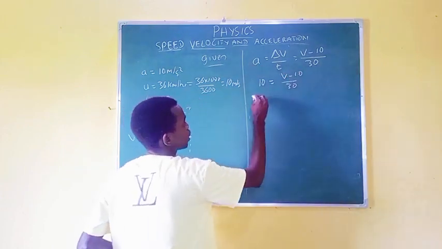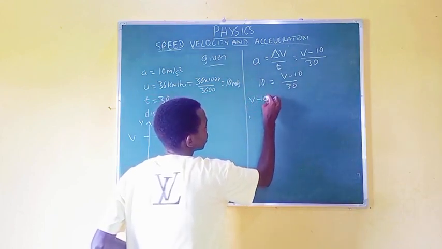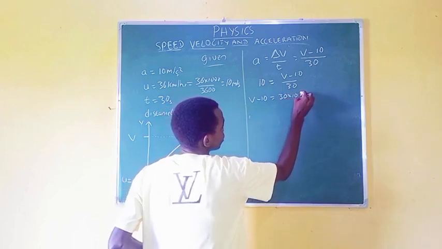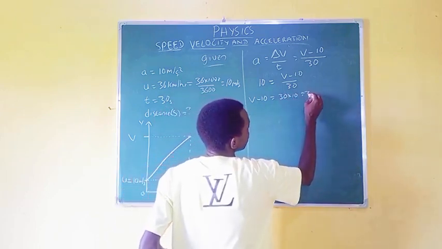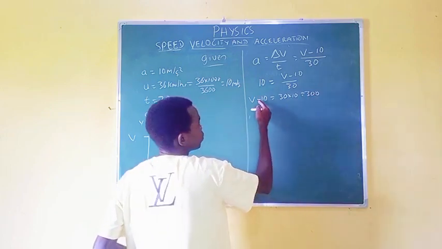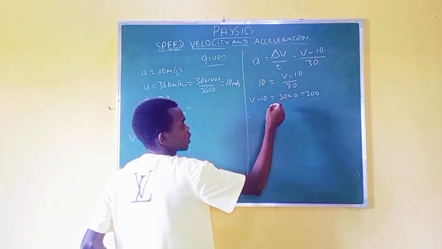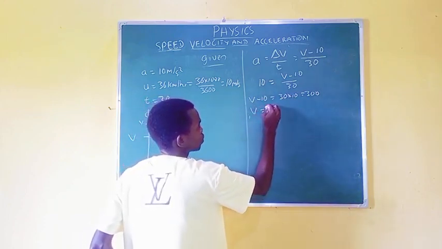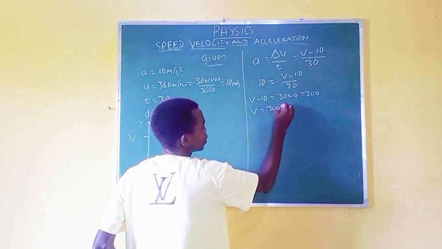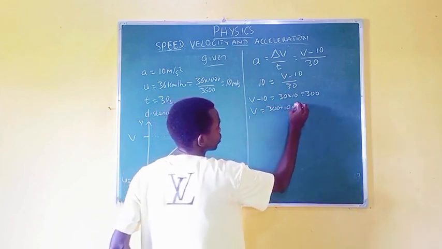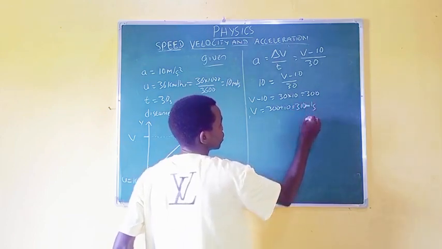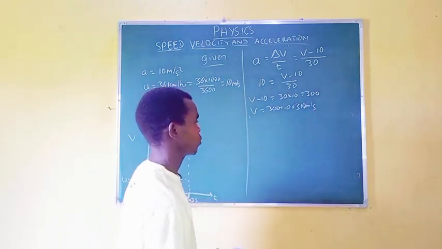When you cross multiply, becomes v minus 10 is equals to 30 times 10. We have 300. If you move this 10 to the other side, this negative changes to positive. Now v is equals to 300 plus 10, we now have 310 meters per second. This is our final velocity.